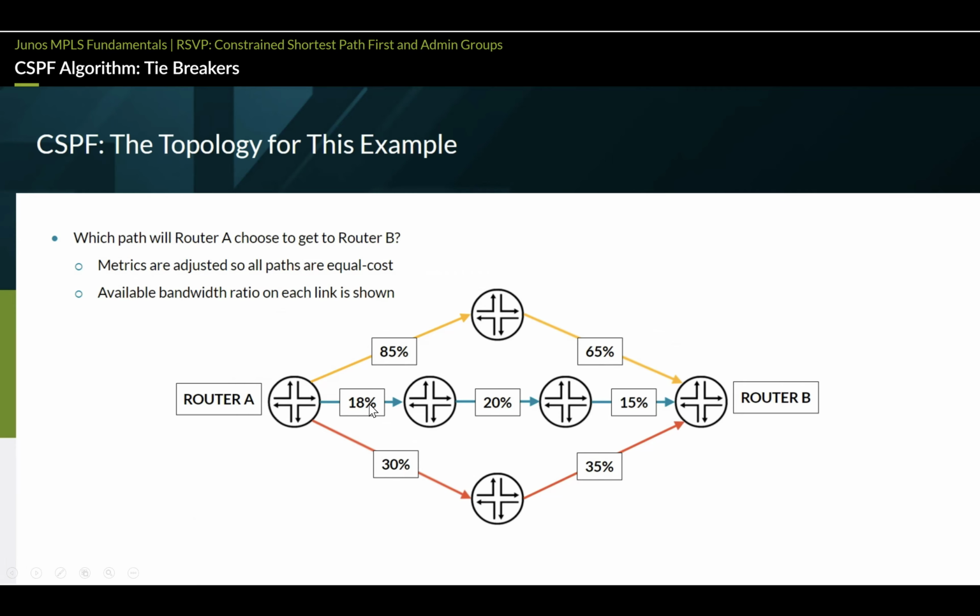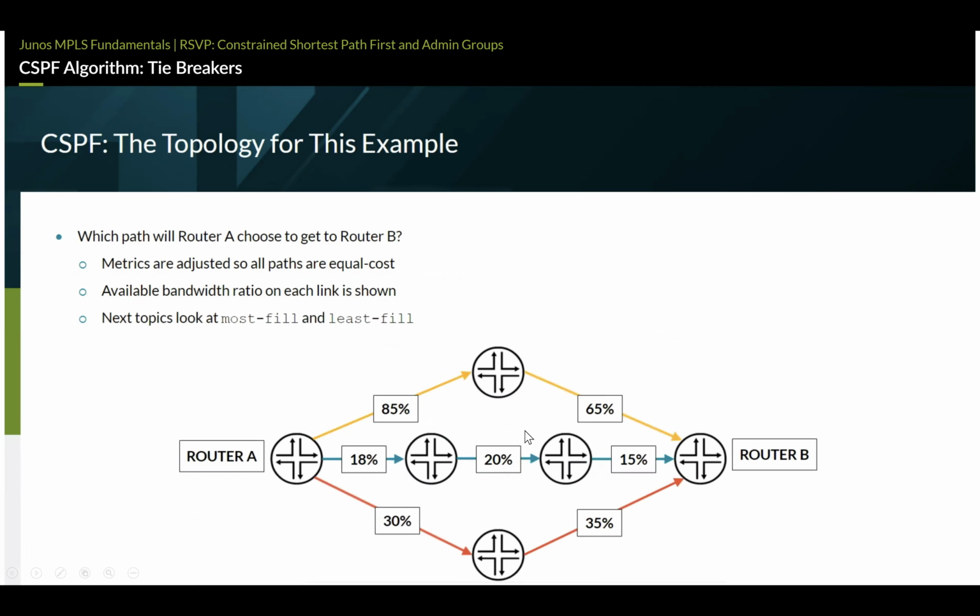So the default will be random, and based on available bandwidth ratio, you can configure your LSP. Next topics look at most full and least full.